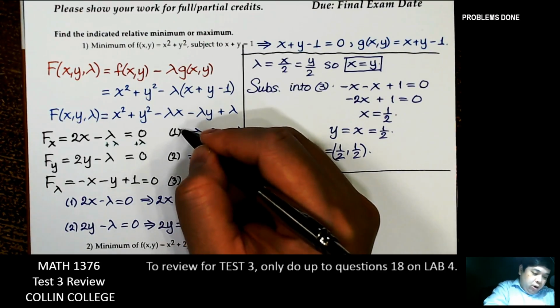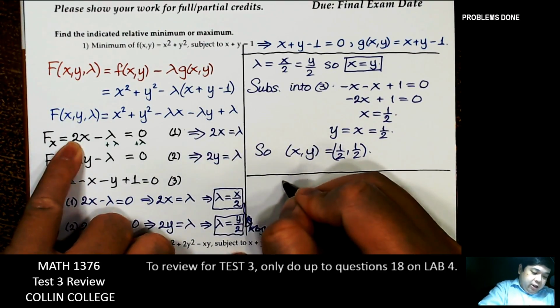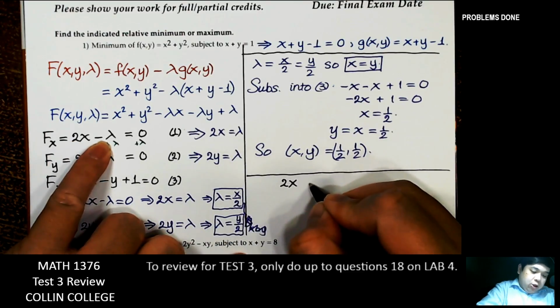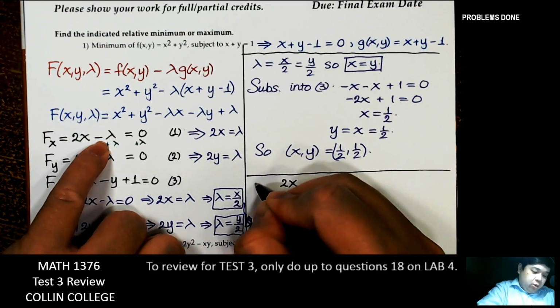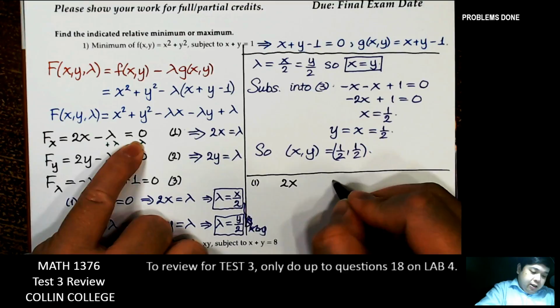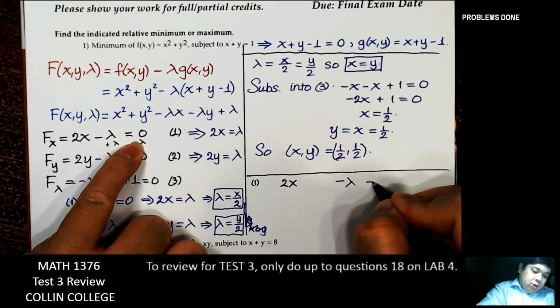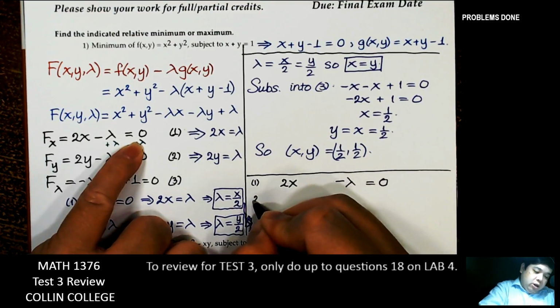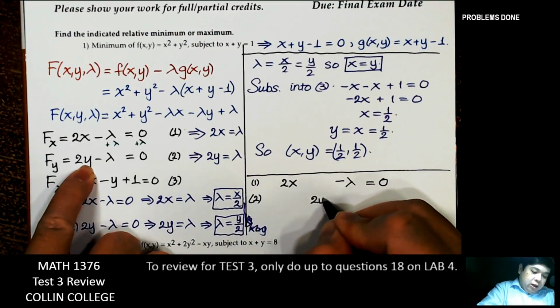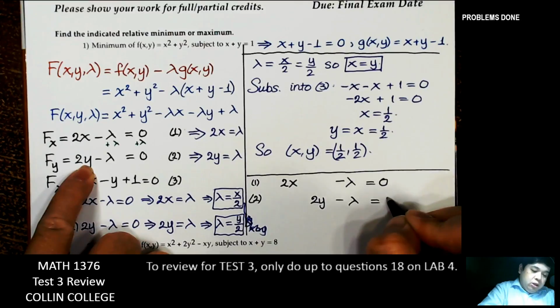So from those three equations, we'll have 2x, there will be no y here for the first equation, and there will be lambda equal to 0. Equation 2, there's no x, but there's 2y minus lambda equal to 0.